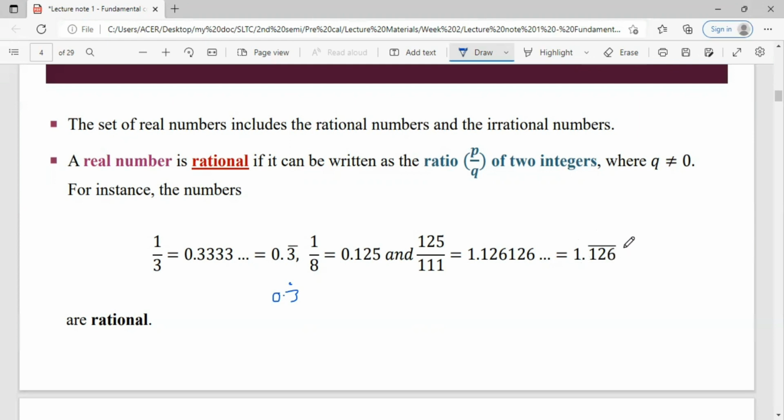This bar means it continuously goes on. Or otherwise we can write 1.126 and put a dot sign here and here. This also means this pattern 126, 126 continuously goes on, right? This type of number we call rational numbers, right? Okay, let's move to the next part.